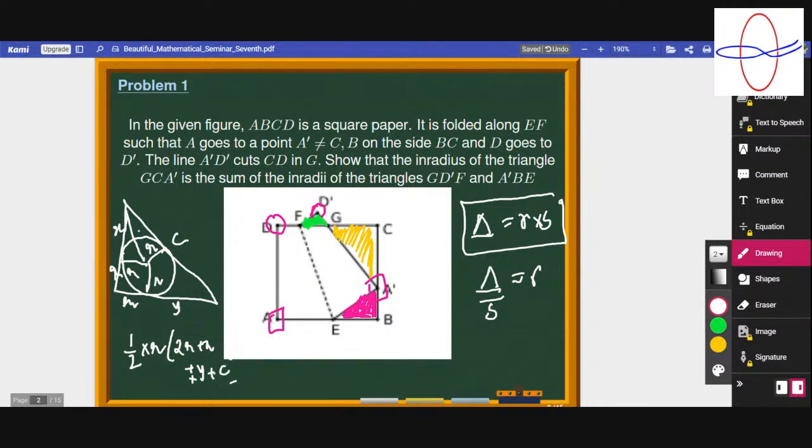Say it's C. Therefore, half into R into R plus X plus Y. But I'm just confused in the sense that, okay, so it's X plus Y, twice R plus X plus Y plus C, and it's equal to half into... okay, I see the point now.